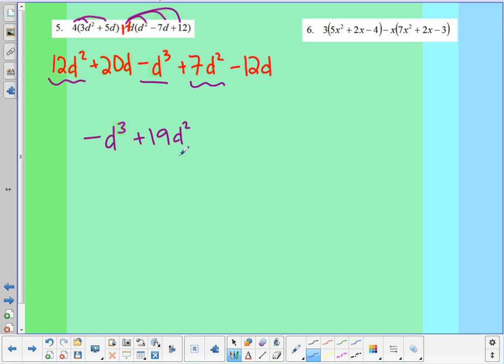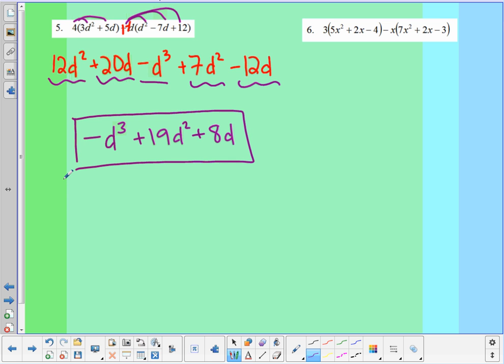So 19d squared, and then 20 minus 12, those are also like terms, and 20 minus 12 is 8, so plus 8 times d. Notice, by the way, that when I combine my like terms, my power didn't change. That's just straight back from lesson 1 when we talked about adding and subtracting monomials, or maybe lesson 2. That's my standard form simplified expression.